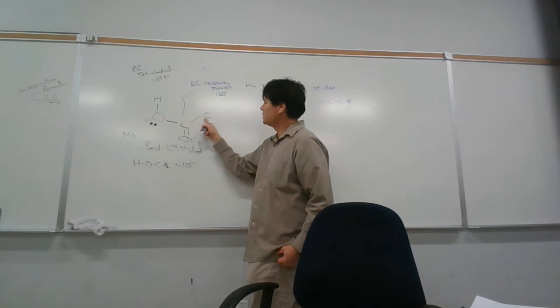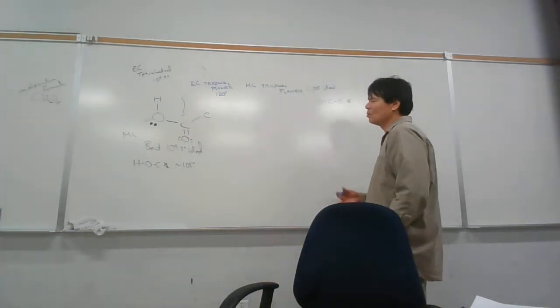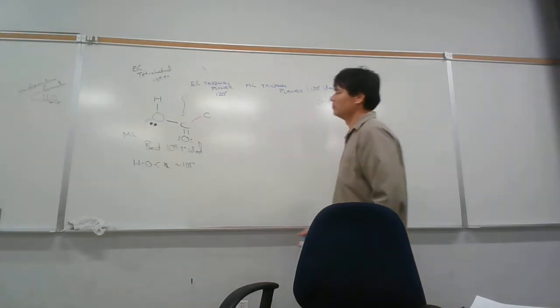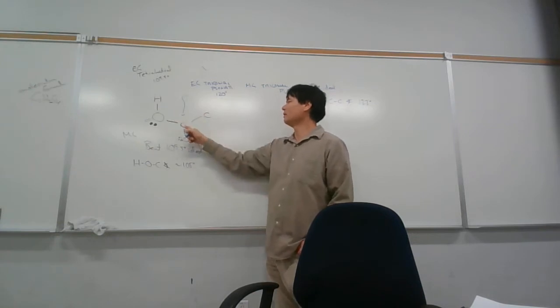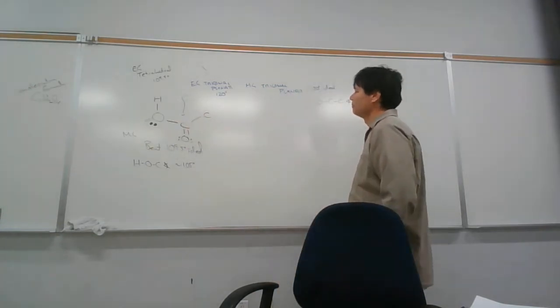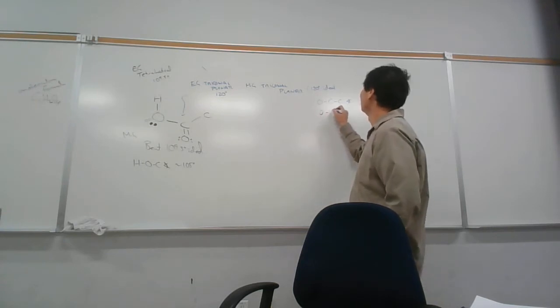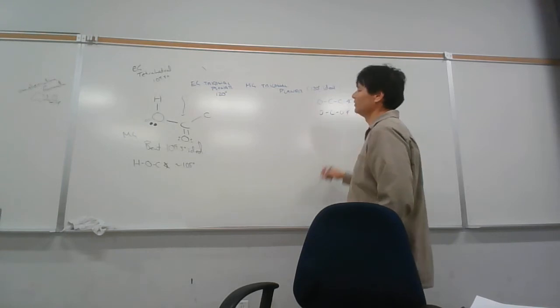The OCC angle should be, well, it's kind of widened out a little bit. And so this is going to be about a 2 degree distortion bigger. And then the OCO angle would be what? The OCO angle should be about 120 degrees, 122 degrees.